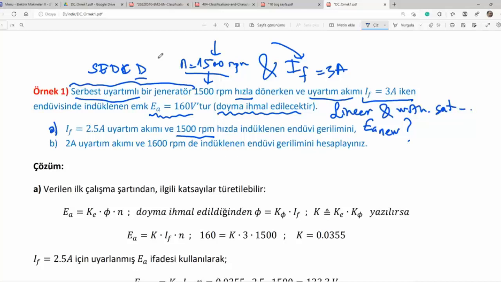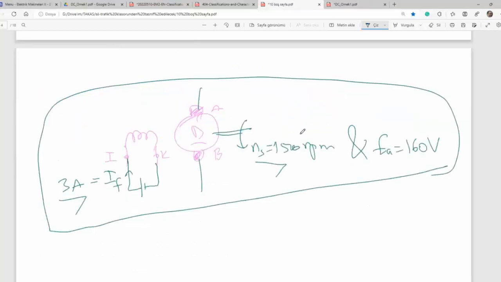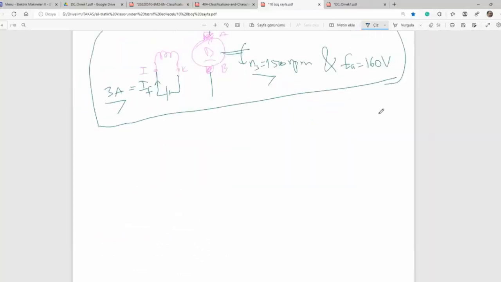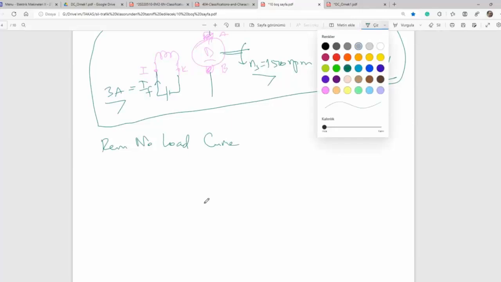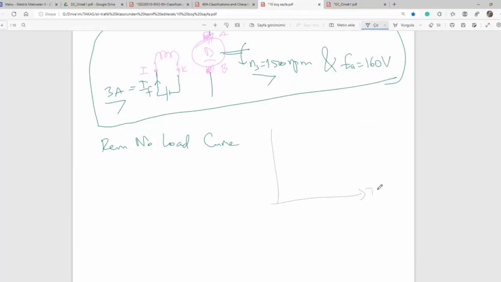Remember the no-load curve again. Here it was: field current versus EMF under a certain speed. It is the same.